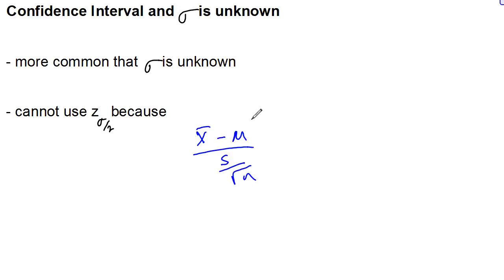And that's because s is more random, whereas sigma is a constant, and it increases our spread. And so we can't use the z or our normal distribution in this case. So what we're going to use is what's called the student's t-distribution instead of the z-distribution.